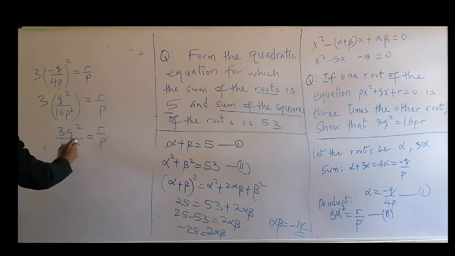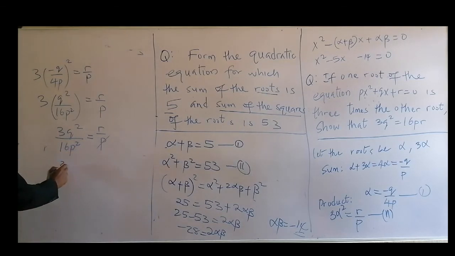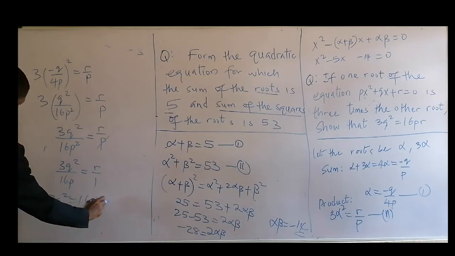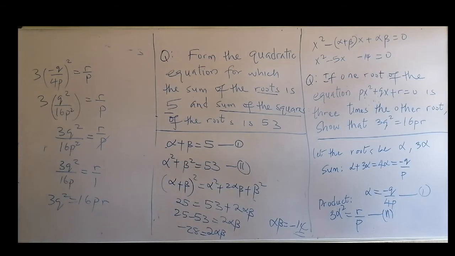P is not 0, so that cancels out, and it remains p here. So you have 3q squared over 16p equal to r over 1. Cross multiply, then you have 3q squared equal to 16pr. So that is done as we are told to do in the question.